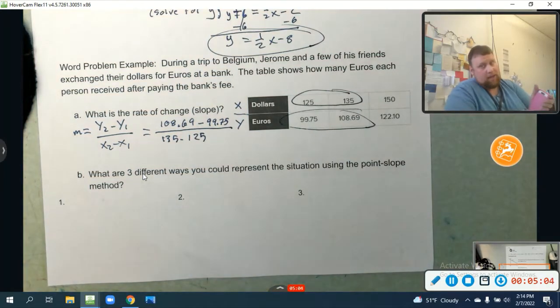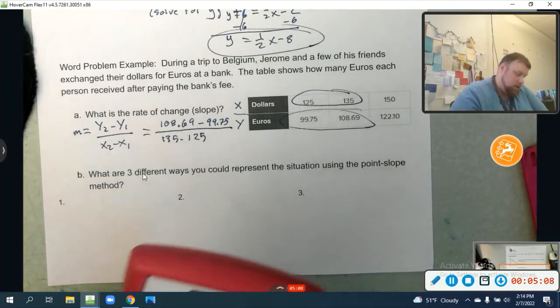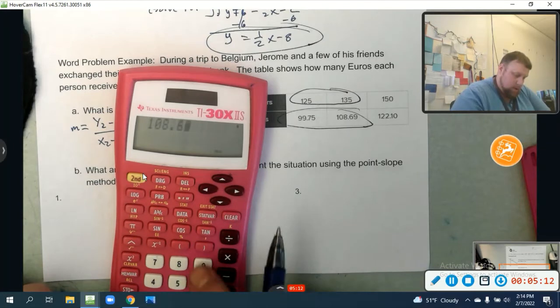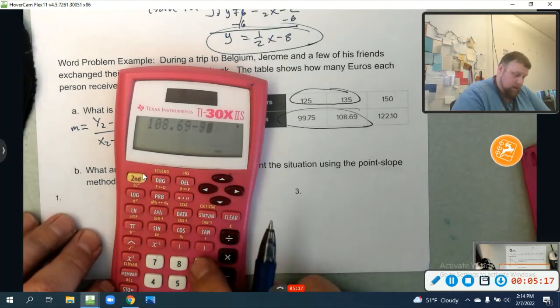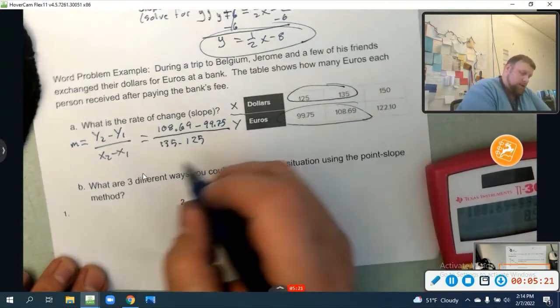Because we're going to want to have a calculator, or use it on your Chromebook, right? 108.69, subtract 99.75. That equals 8.94.